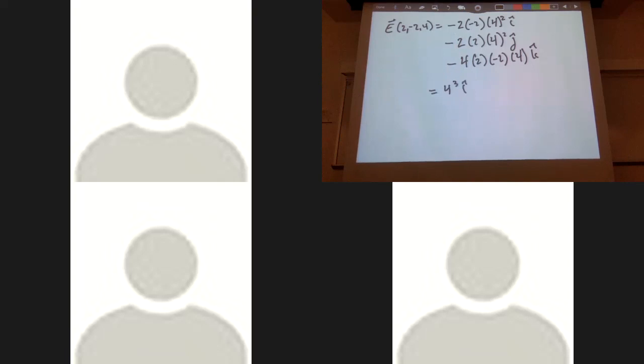The second term then is what? Minus 4 cubed in the j hat direction. And the last term then is going to be what? Positive 4 times 4 times 4, which is 4 cubed. So this is positive 4 cubed in the k hat direction.